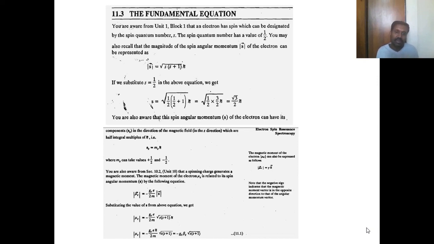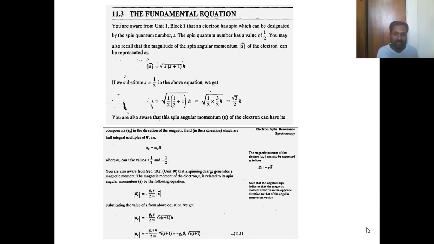Magnetic moment is a naturally created moment by any spinning charge, be it an electron or a nucleus. What is the expression for the magnetic moment of the spinning electron, which is given by mu e? Mu e is equal to g_e e divided by 2m into the magnitude of the vector S.